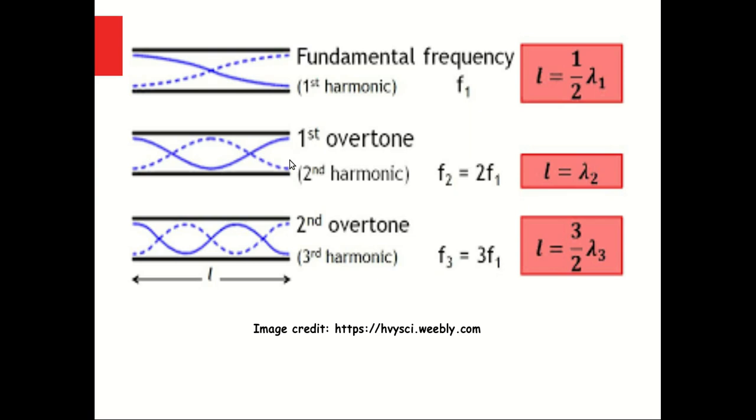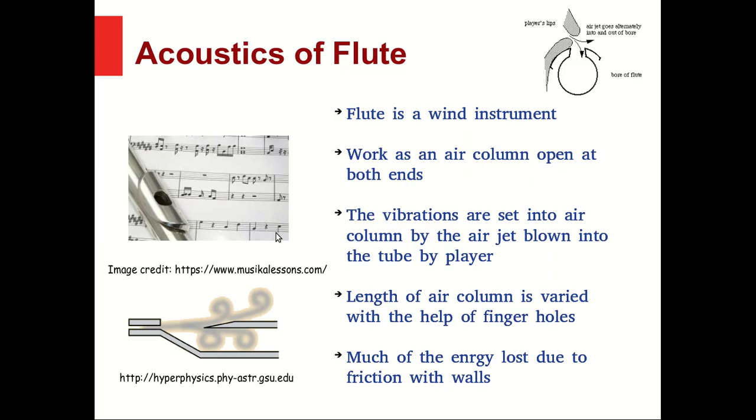Depending on the holes that have been opened or closed by the player, various harmonics will be generated inside this flute, and we can listen to a very pleasant sound. So this is all about how a sound is produced inside a flute.